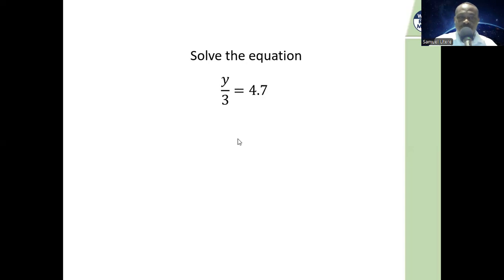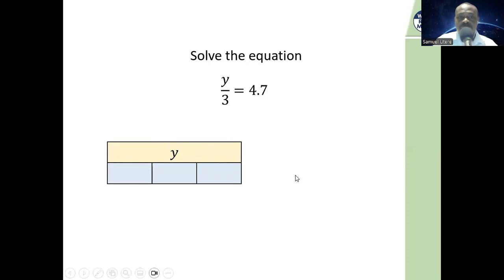Now, this means we're going to get a big bar of y. If we split that big bar of y into 3 equal parts, we're going to get 4.7. So this is what it should look like.